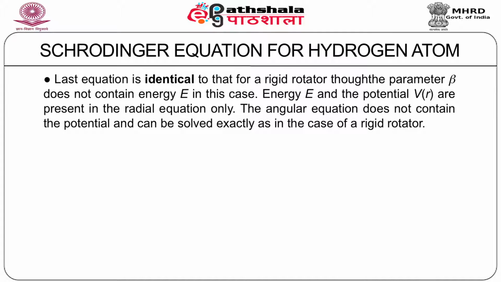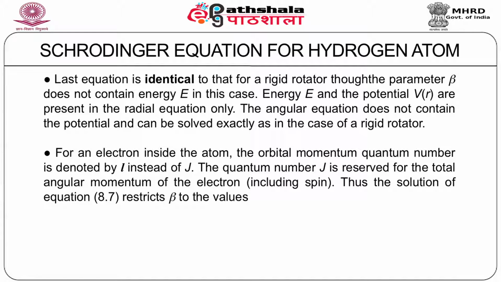The angular equation is identical to that for a rigid rotator, though, and this is important, the parameter beta does not contain energy E in this case. The energy E and the potential V(r) are present in the radial equation only. The angular equation does not contain the potential and can be solved exactly as in the case of a rigid rotator.